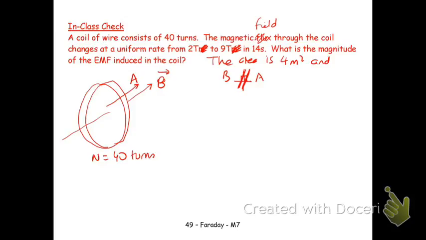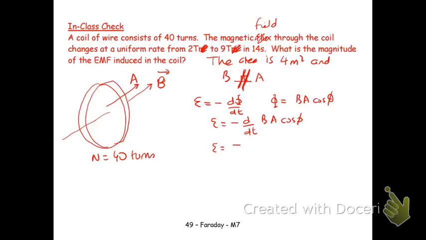So what I say is, well, my EMF is equal to minus d phi by dt. And I know that my flux is equal to B A cosine phi. So my EMF is equal to minus d by dt of B A cosine phi.